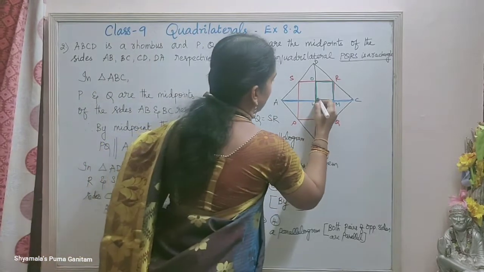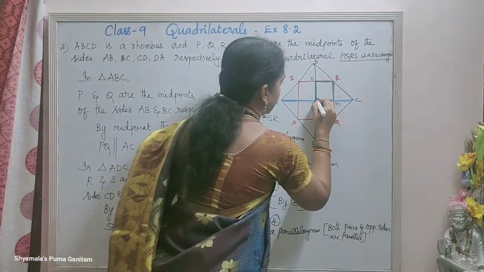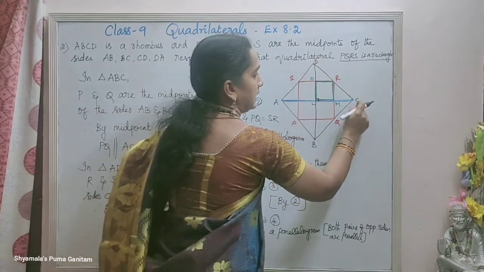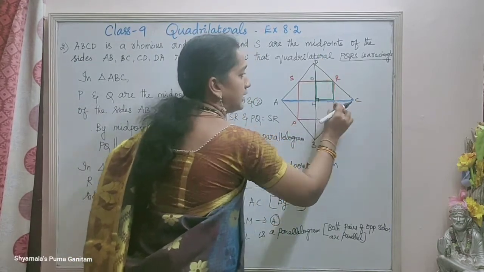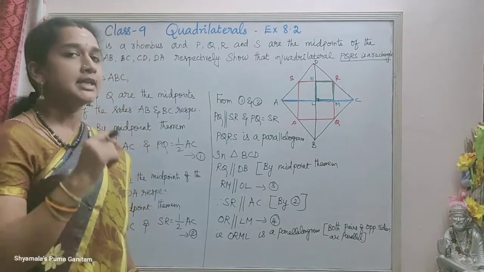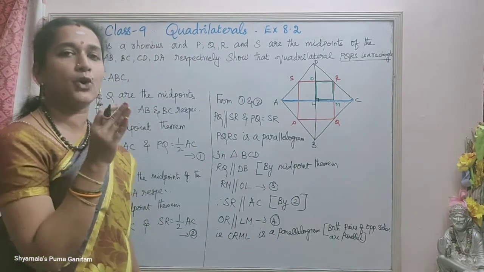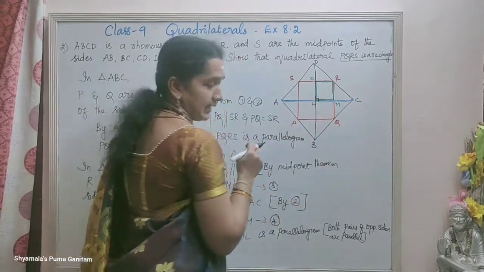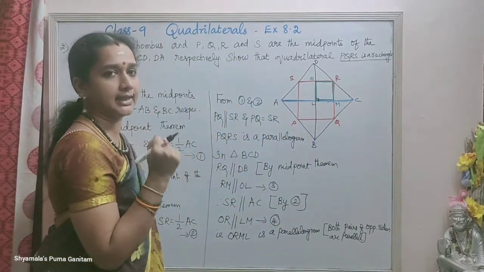So in this parallelogram, it is already given that angle OLM, that is DLC, is equal to 90 degrees. I told you already that the diagonals of the rhombus bisect at 90 degrees.